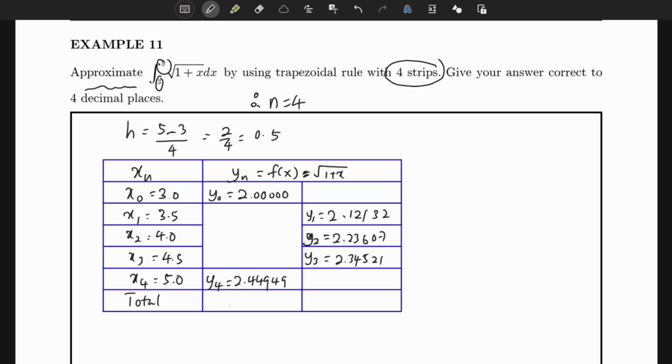So add up. We will have it to be 4.44949. This column also you add up to get 6.70260.